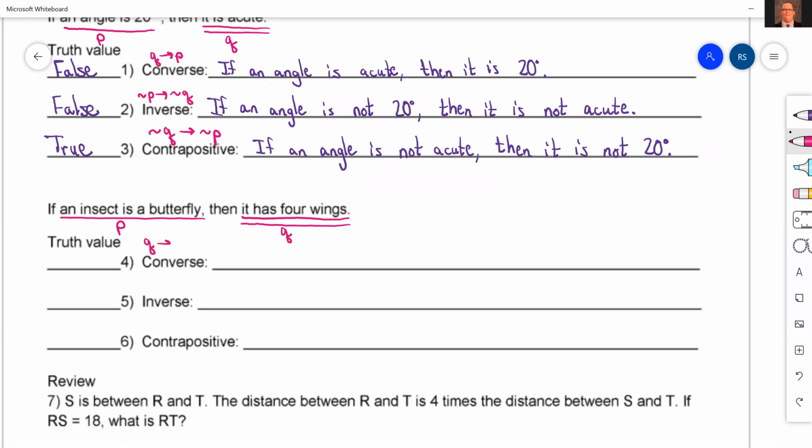If Q, then P. So Q comes first. If an insect has 4 wings, then it is a butterfly.